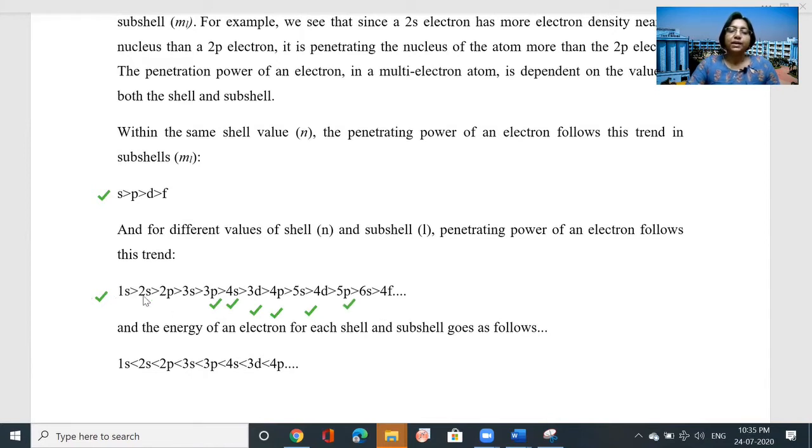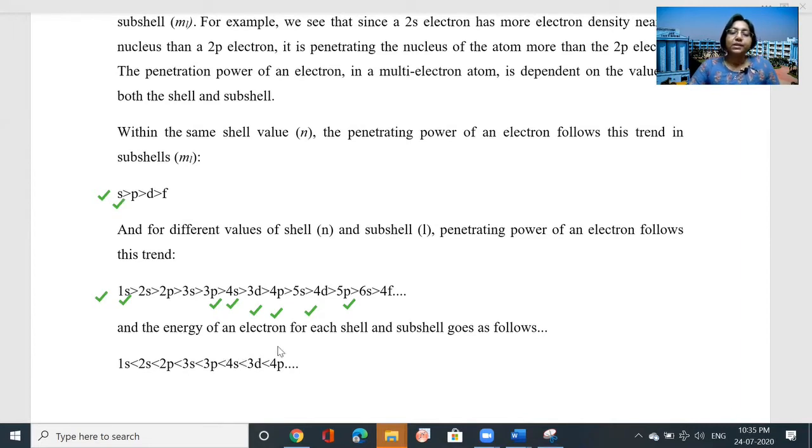Initially you take 1s, which is closer to the nucleus than 2s, so the penetration of 1s is higher than 2s. In the same shell value, 2s is higher than 2p.